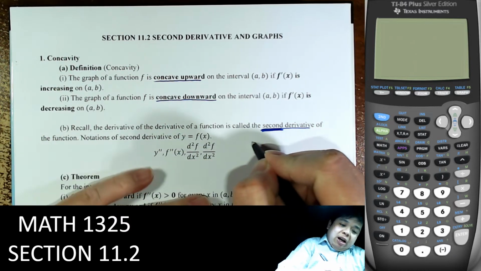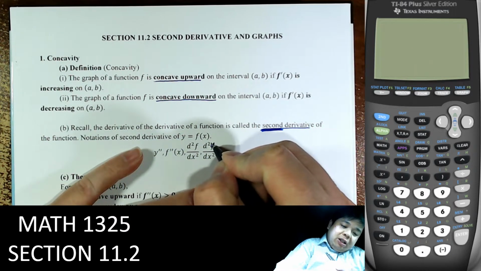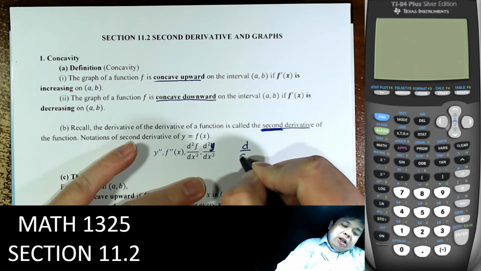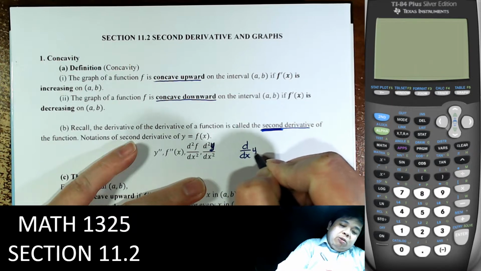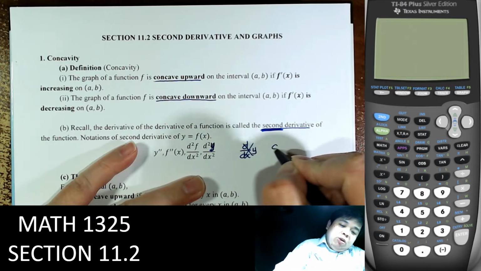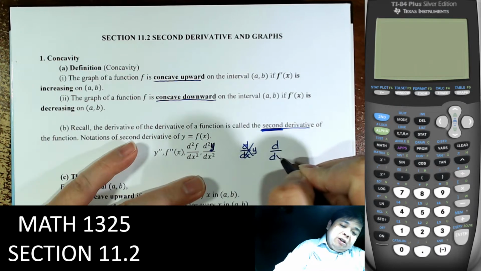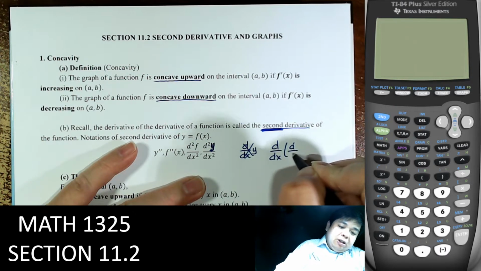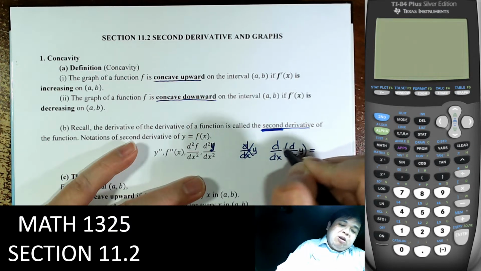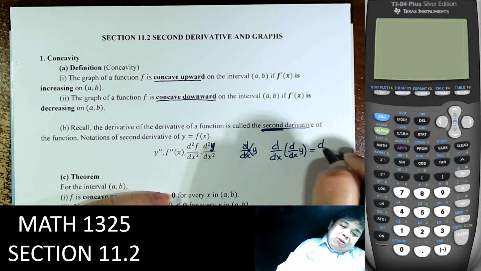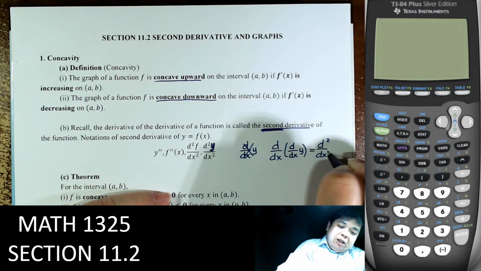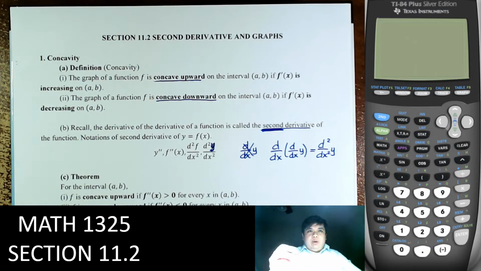If we write dy dx, this is the derivative with respect to x. Now, if we want the derivative of the derivative, and multiply them out, we have d squared over dx squared of y. So that is the notation of the second derivative.